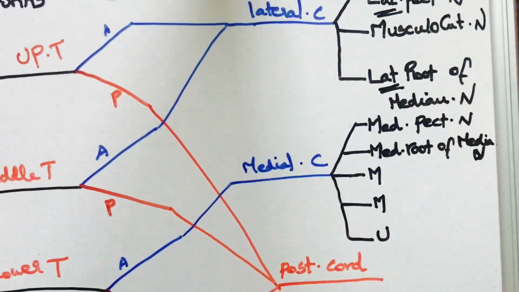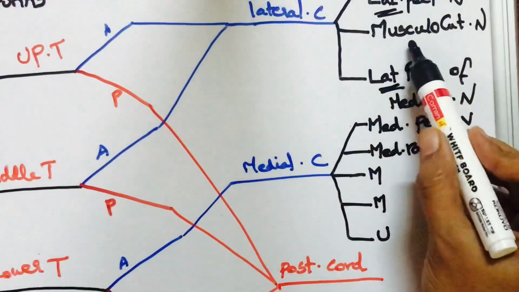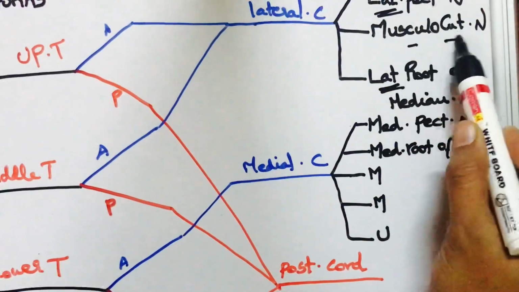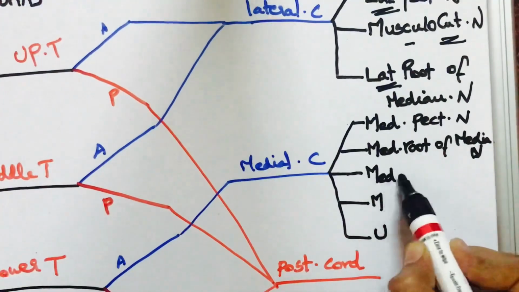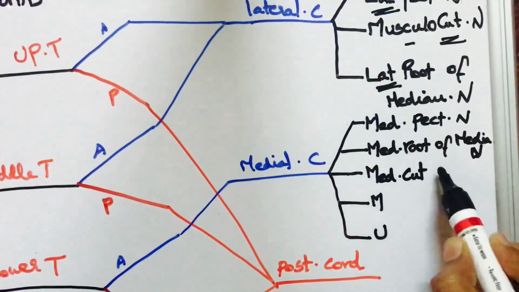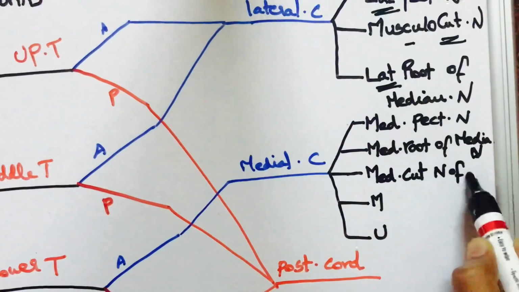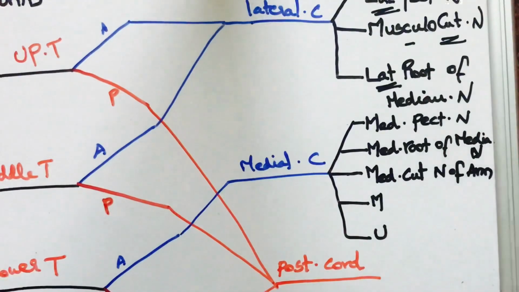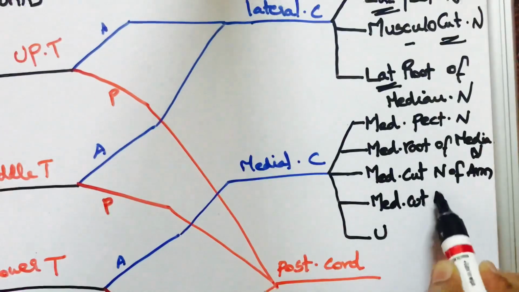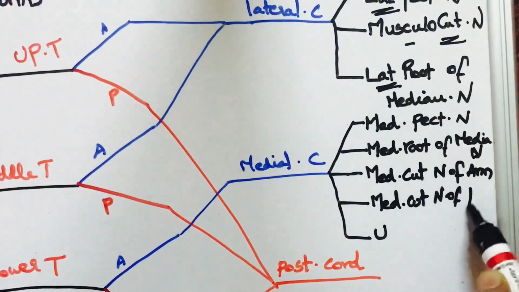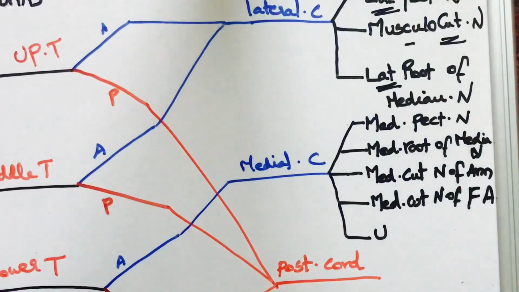It is musculocutaneous nerve. So here we have 2 cutaneous nerves, medial cutaneous nerve of arm, medial cutaneous nerve of forearm, and U stands for ulnar nerve.